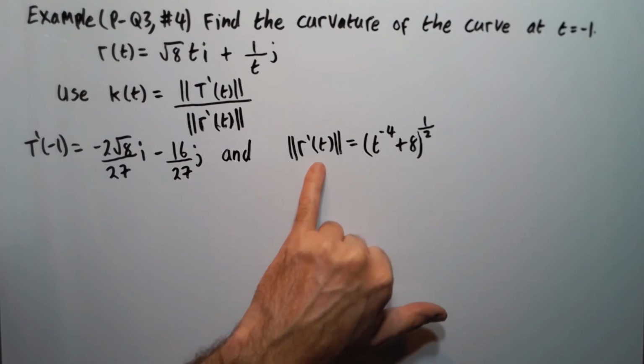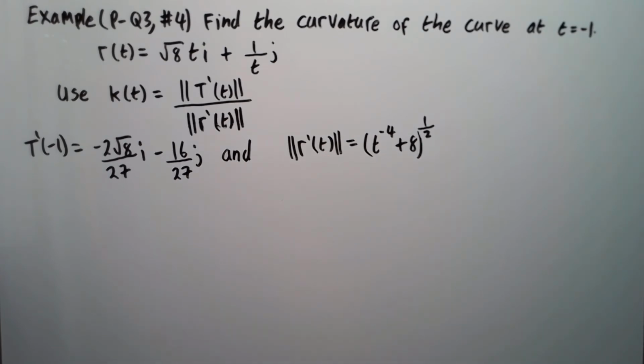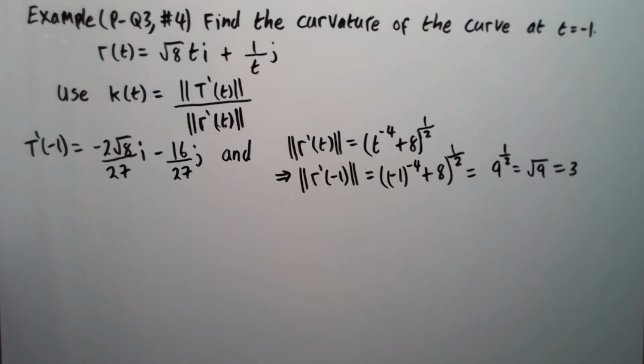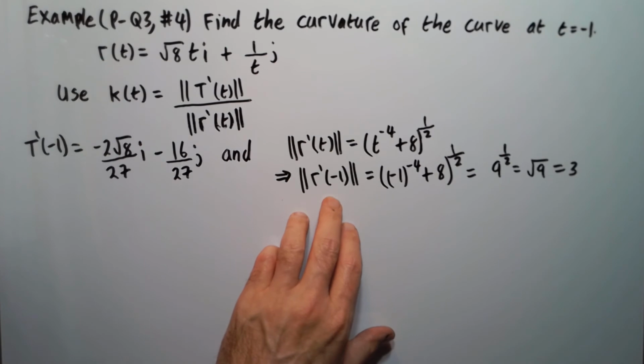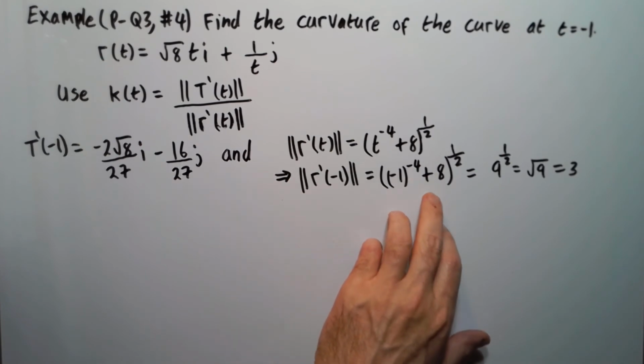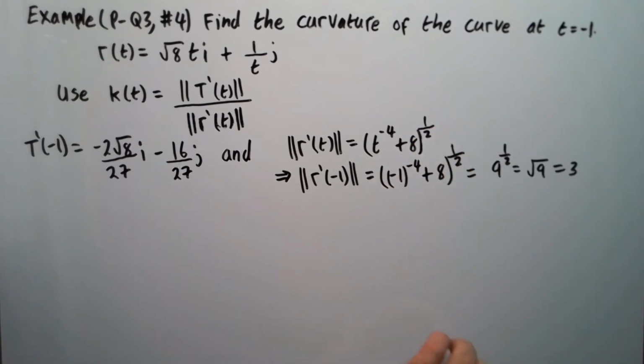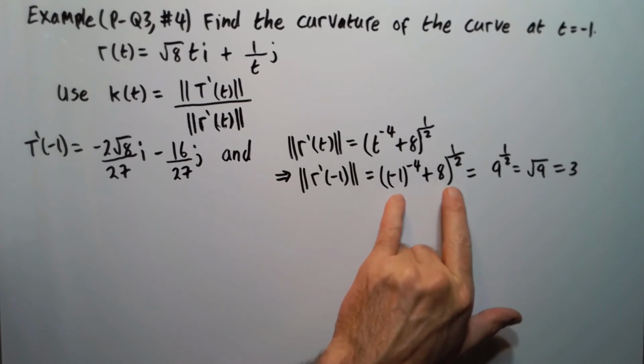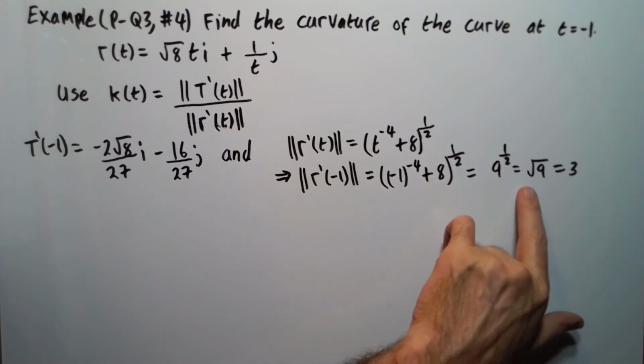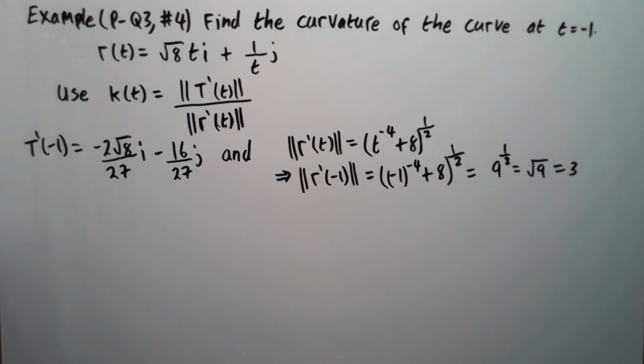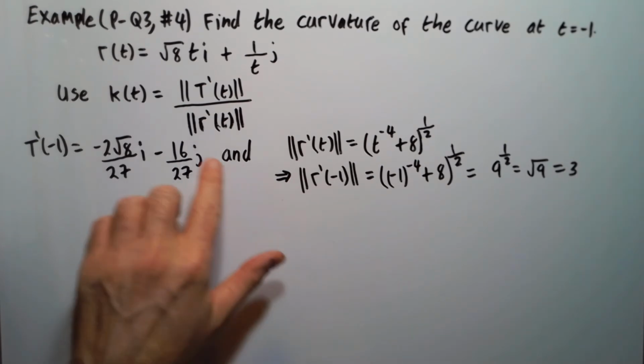Let's evaluate this guy now at minus 1. So the magnitude of r prime of negative 1 will be negative 1 to the negative 4 plus 8 to the positive 1/2. That's going to be 9 inside there, so it'll be 9 to the 1/2, which is square root of 9, which is 3. So we've got almost everything we need now for the curvature.